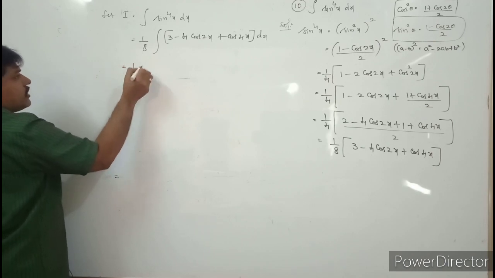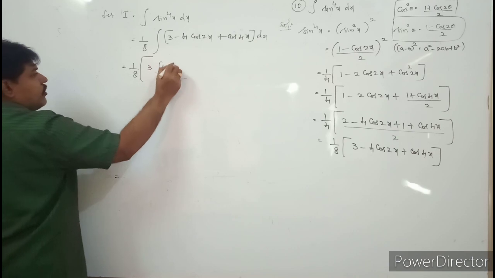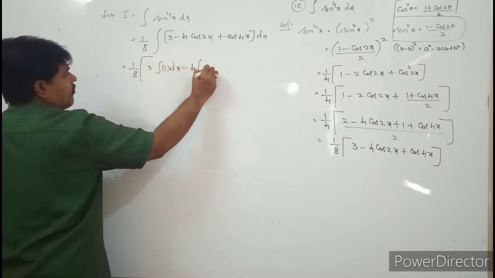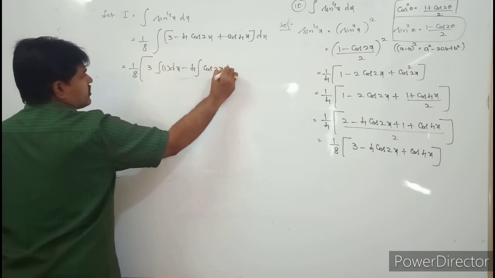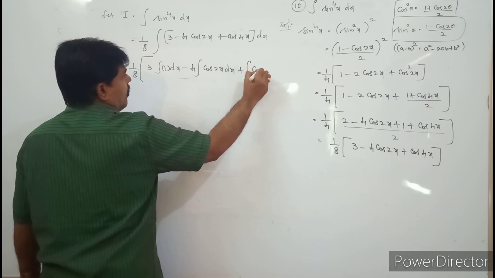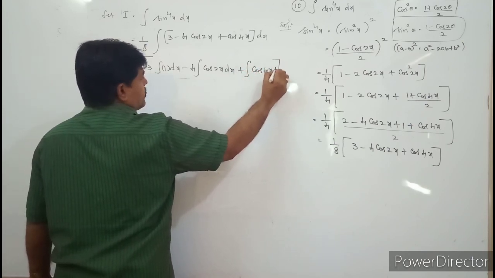So 1/8 times 3 times the integral of 1 dx, minus 4 times the integral of cos 2x dx, plus the integral of cos 4x dx.